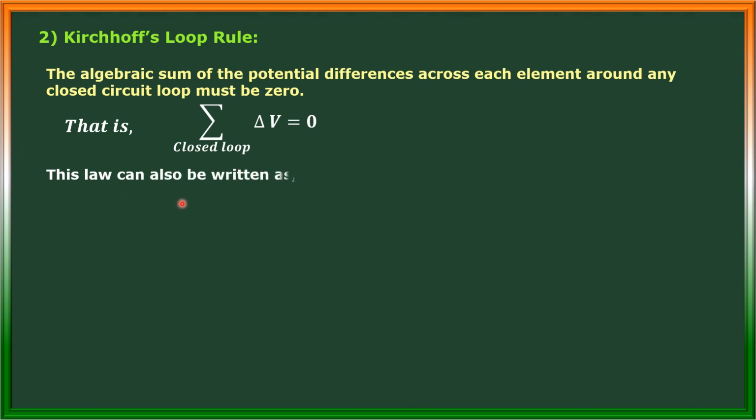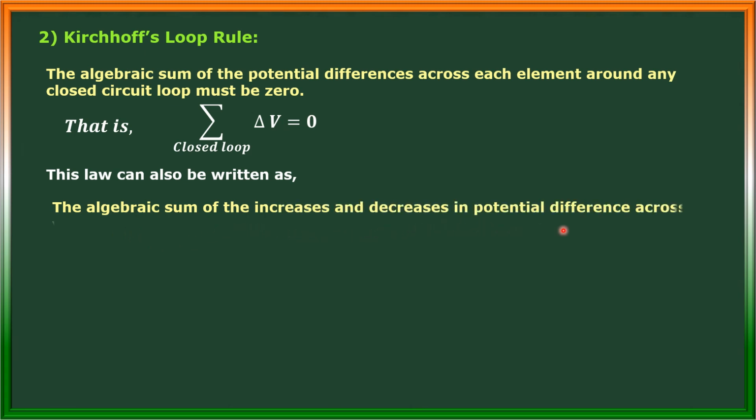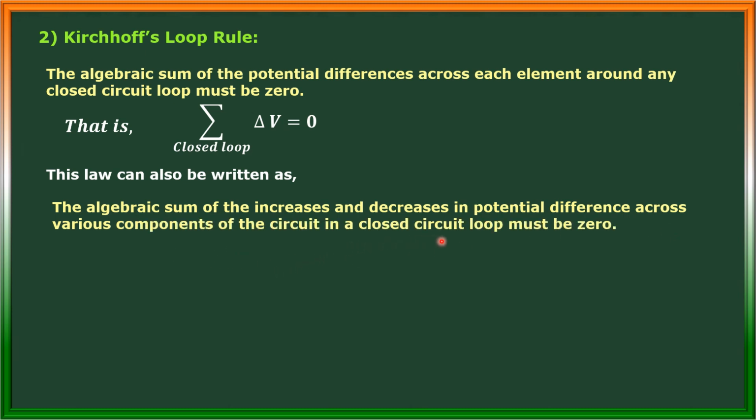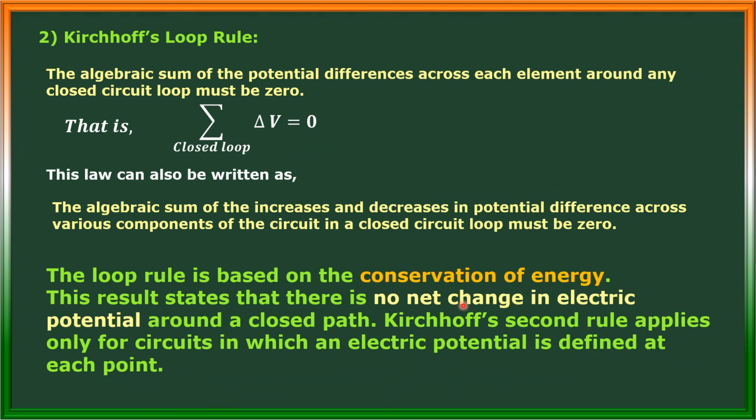This law can also be written as: the algebraic sum of the increases and decreases in potential difference across various components of the circuit in a closed circuit loop must be 0. And the loop rule is based on the conservation of energy.